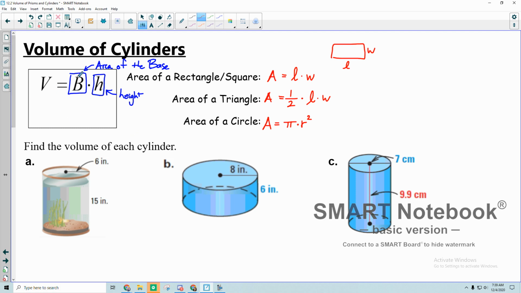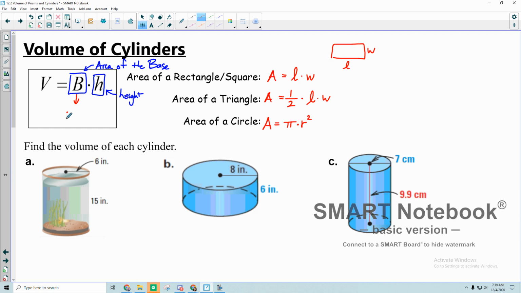And remember just a second ago how I said the B here represents the area of the base. So for cylinders, since all their bases are circles, the B here is going to be the area of the base, the area of the circle right there.